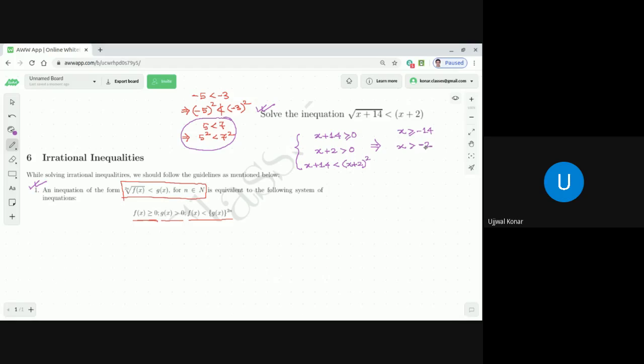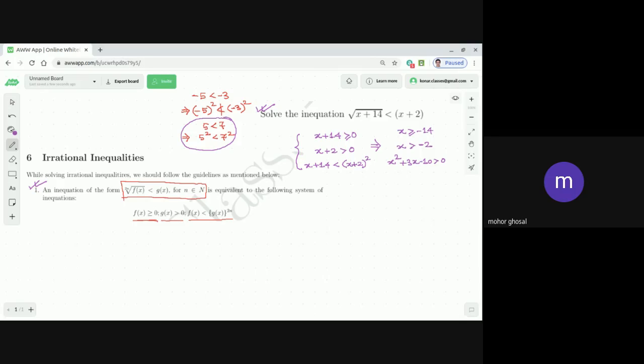Correct, no? And the third one is that if you simplify that x plus 14 less than (x plus 2) whole square, you will get something like that, x square plus 3x minus 10 greater than 0. So all these three systems of inequations have to be satisfied.